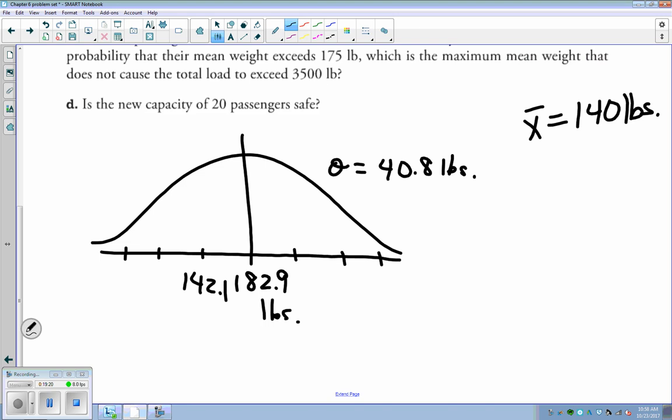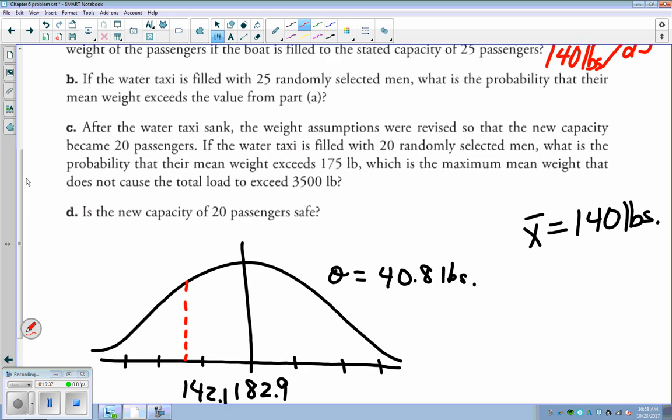I'm still not even down there, right? I'd have to go a little bit further. So taking that into consideration, it's probably right about there. So now that I have my sketch, let's go back and read what it says.